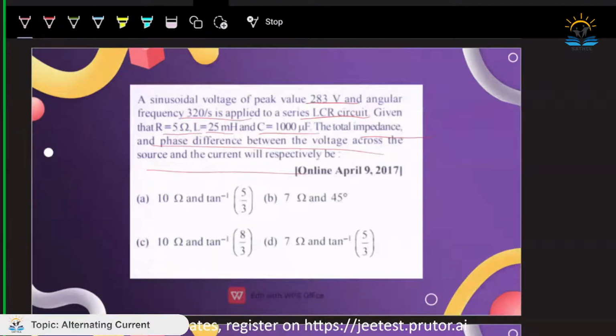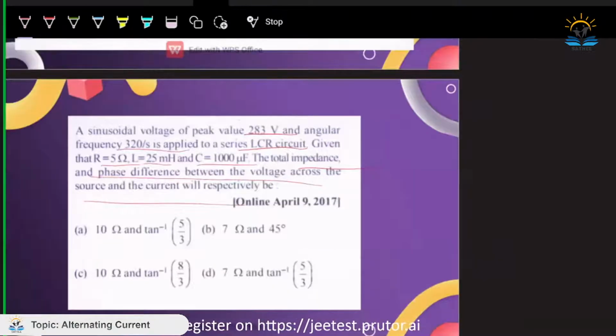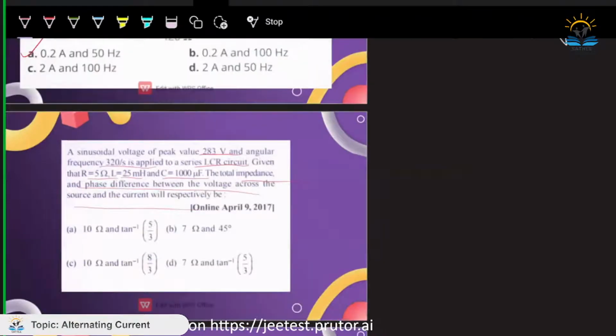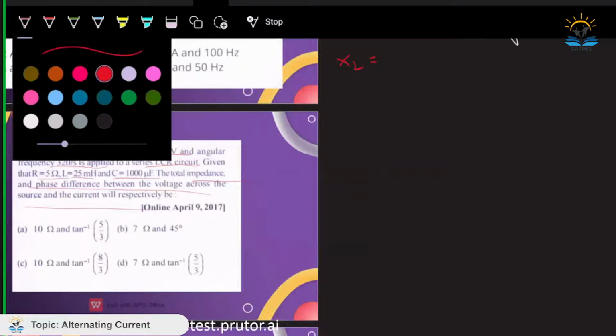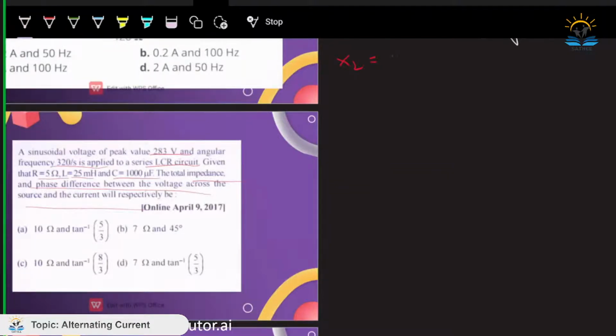For impedance, first let me find XL. XL is L omega. L is 25 into 10 raised to minus 3. Omega is 283.